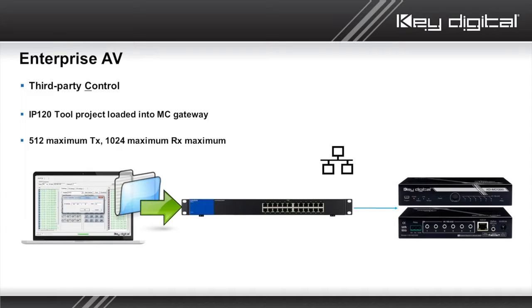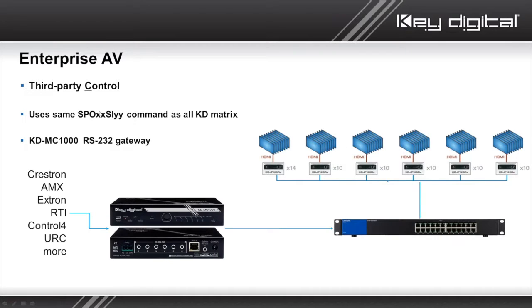what is the output 1 and the input 1 assignments, as we discussed earlier, because you're going to be able, I'm going to take a step back here, you're actually able to send the same RS-232 command to this MC1000 to control the enterprise AV as you've been sending for the last 8+ years to control our products.